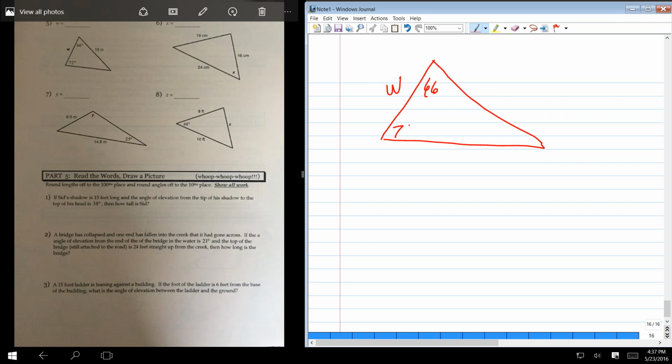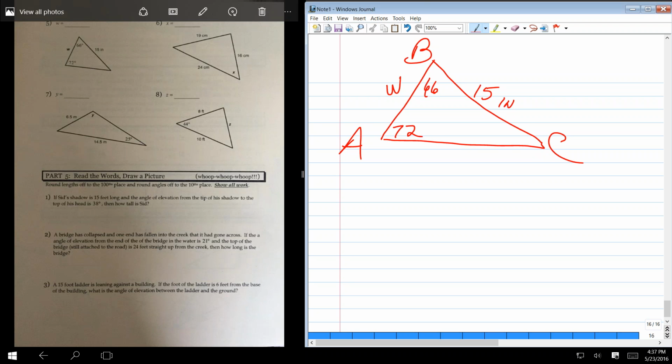What do you need to use the law of sines? Sine A over a. What concept do you need? Big A's and little a's. You need an angle and its opposite side.